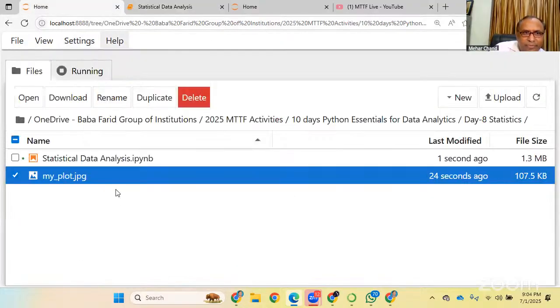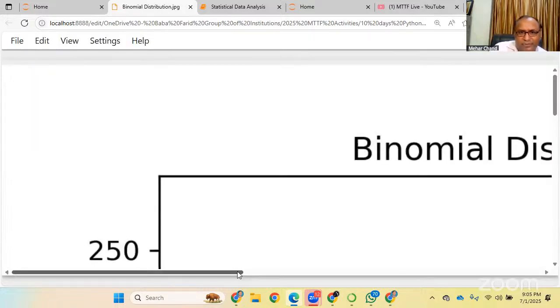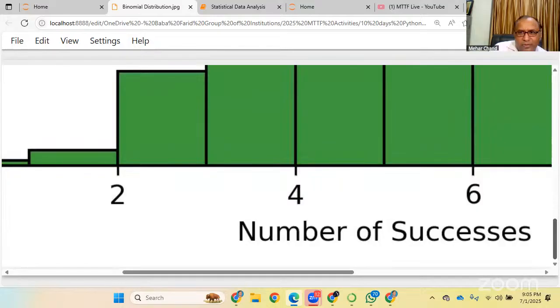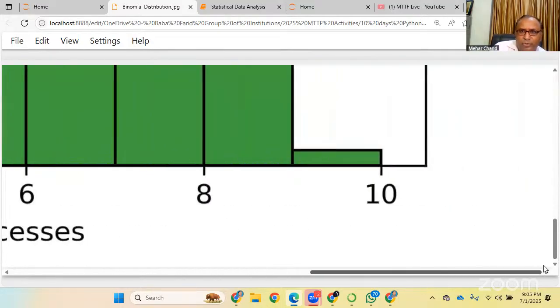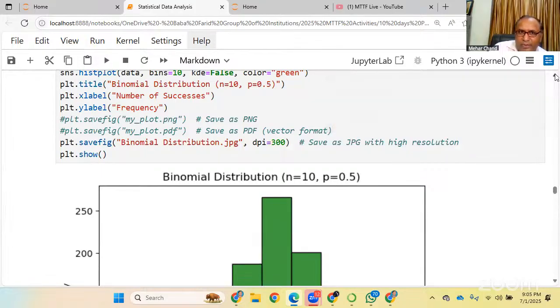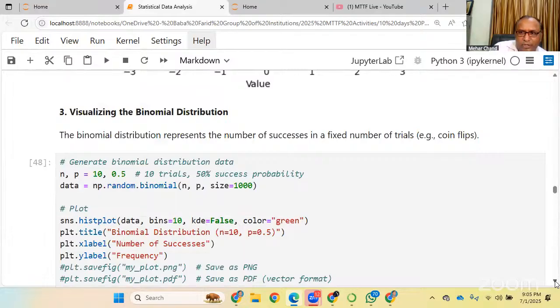Come back. Yes, here is the file, binomial distribution.jpg. If you want to open it, double click on it. Yes, you can see this is the image, the same image. Depending on your choice, you can use whichever format you want. In this file, which I will share with you again, I put all three formats which you can use for your image.